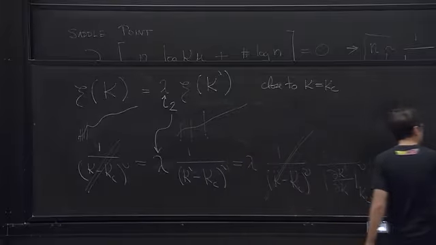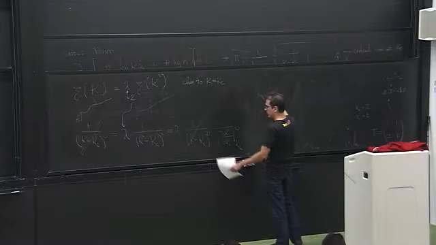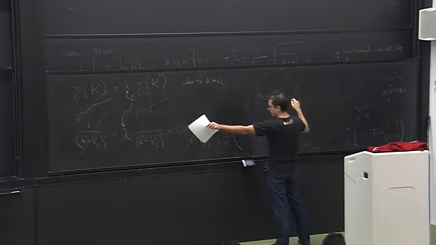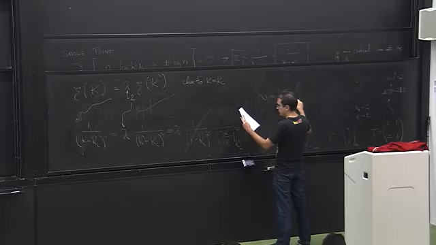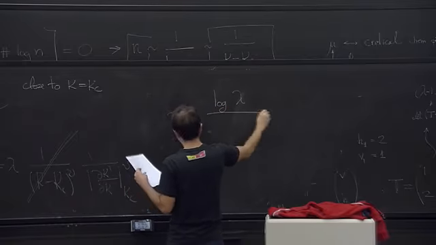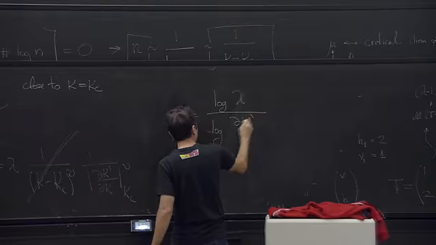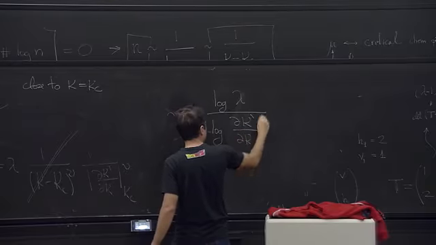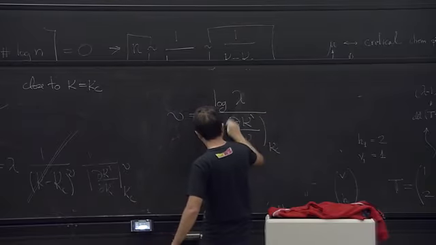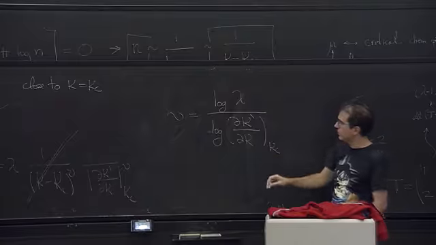And we conclude that, taking the log, nu is equal to log of 2 divided by log of the slope of my transformation, dk prime dk at the critical temperature. So I have the slope there, I can compute this.